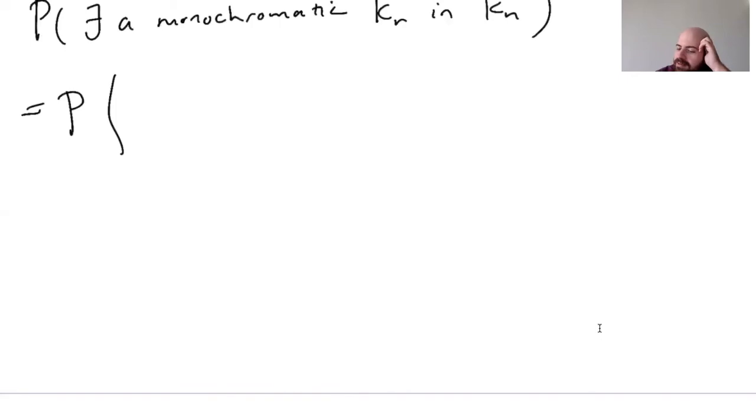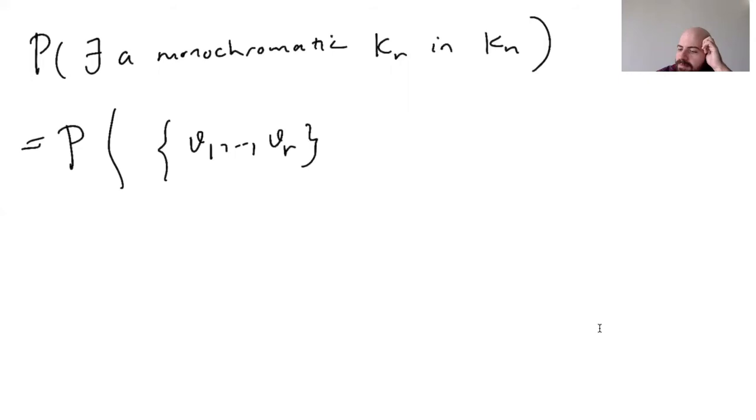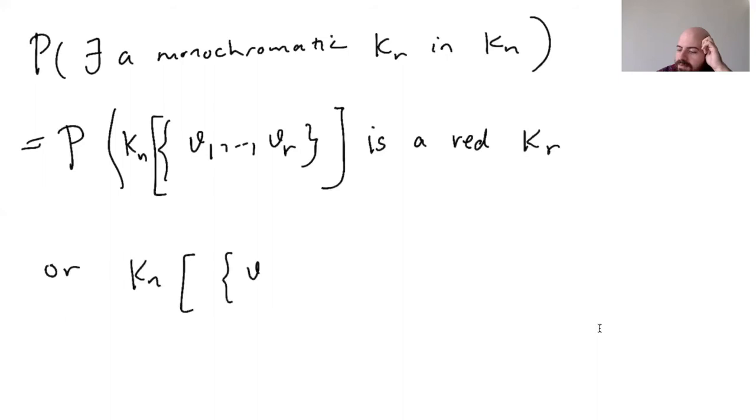So let's see if we write this. So the probability that, let's say, Kn of V1 to Vr is a red Kr, or Kn of V1 to Vr is a blue Kr.